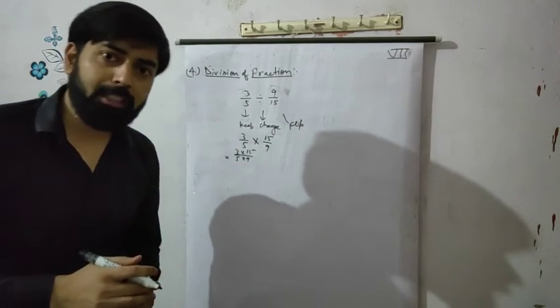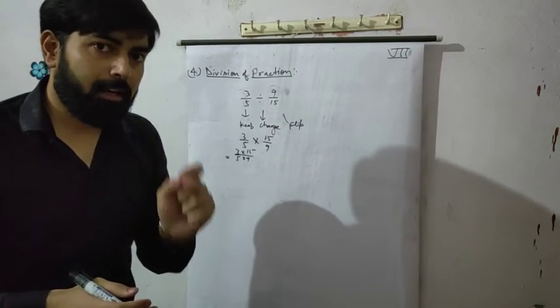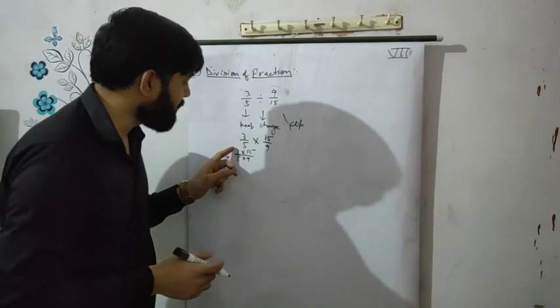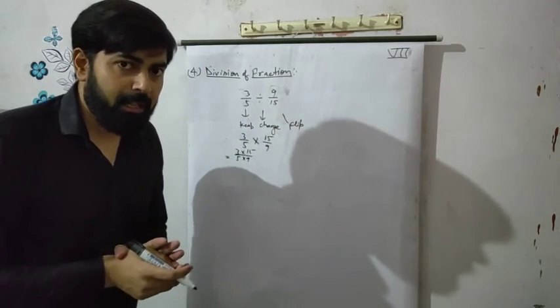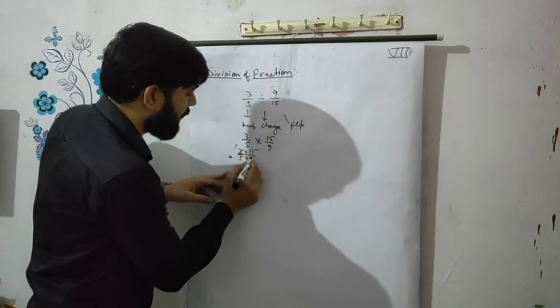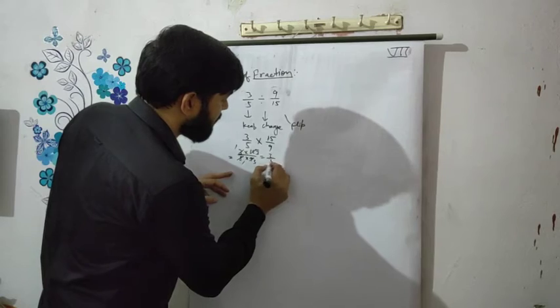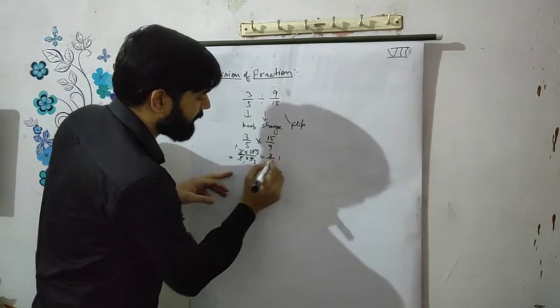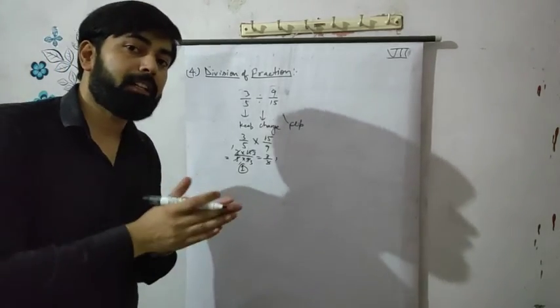Match both parts, numerator and denominator. Are any numbers divisible here? Yes, there are two pairs. 3 and 9 are divisible, and 5 and 15 are divisible. 3 ones are 3 and 3 threes are 9, 5 ones are 5 and 5 threes are 15. So what is left here is 1 upon 1, and the answer will be 1. So this is the rule of division of fractions.